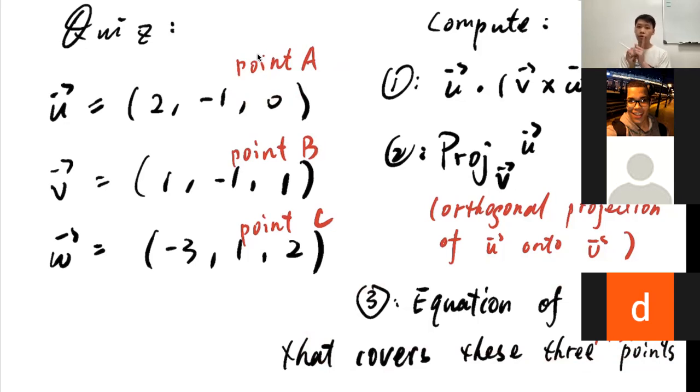After you have 2 vectors, you compute the cross product. Remember, the cross product will be the vector orthogonal to the plane. After you have the orthogonal vector, any vector in the plane will be orthogonal to that vector.